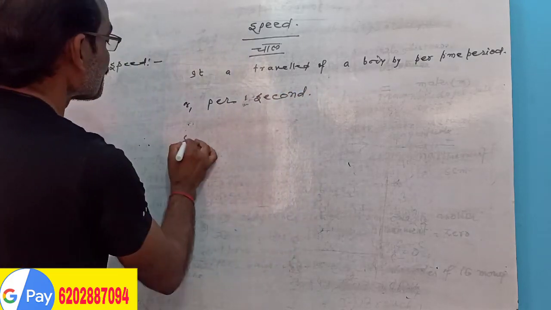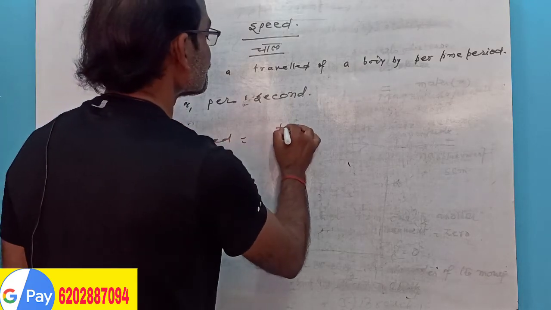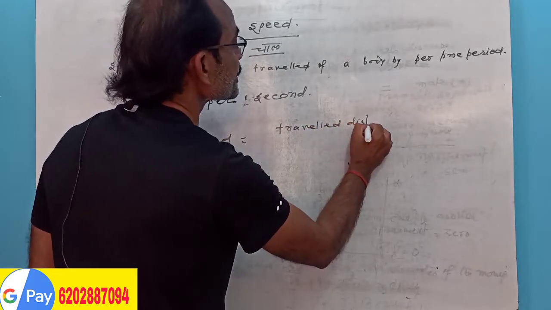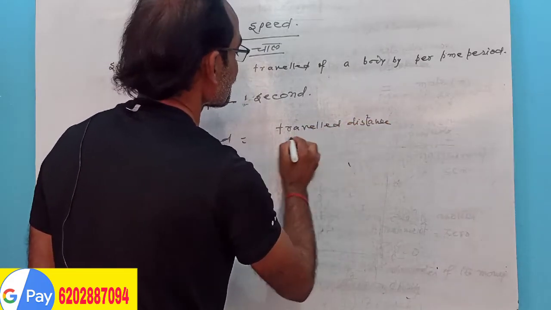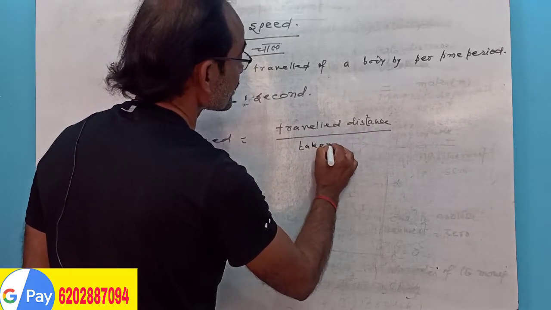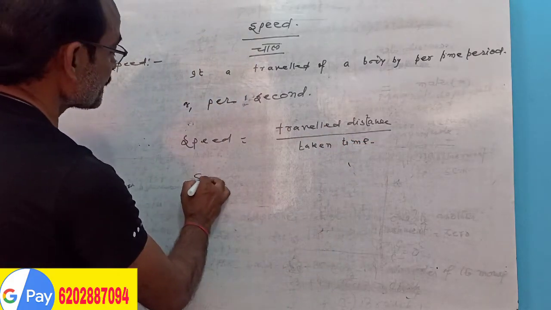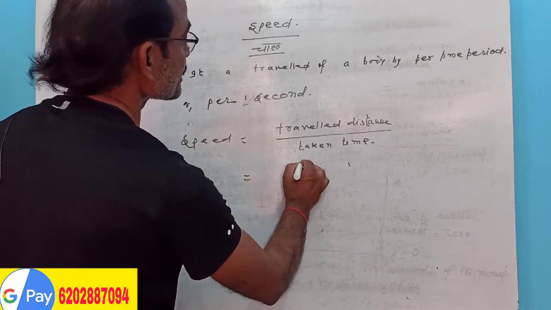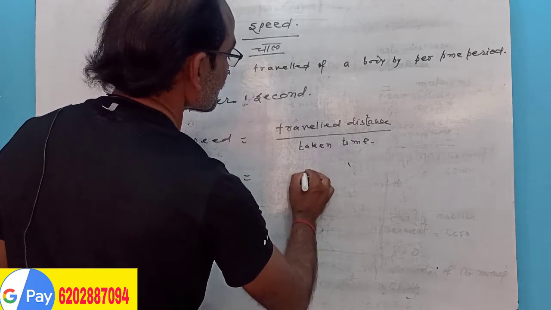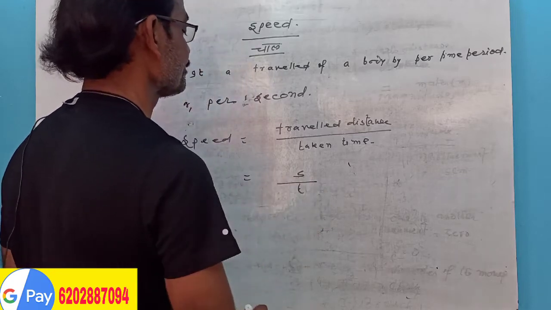So, speed equals traveled distance upon taken time. Speed is the travel distance, that is s upon t.